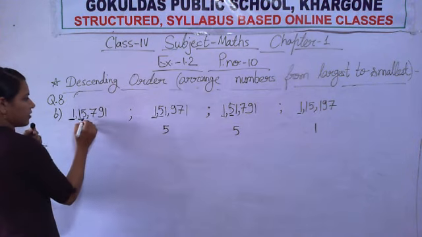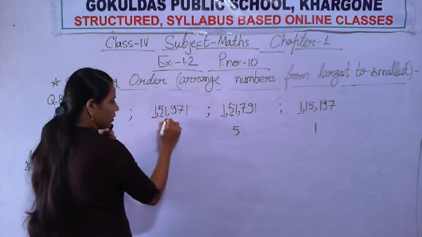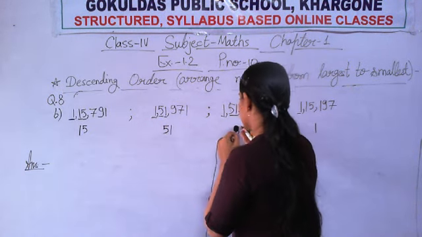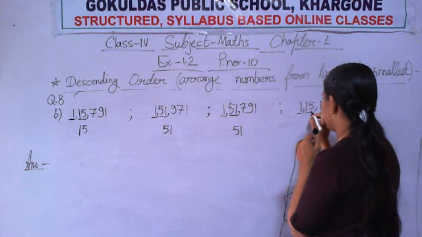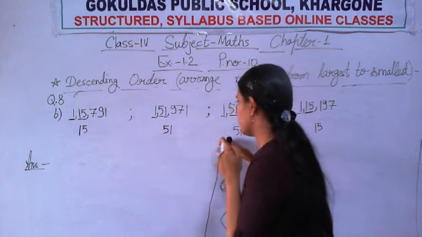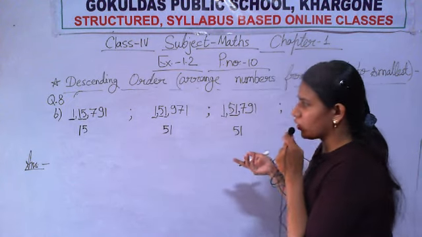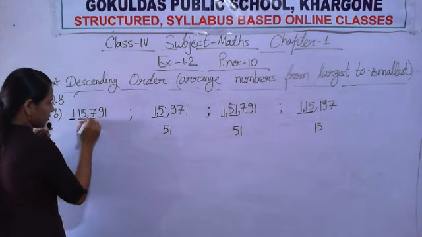So let's check the next digit. Here 5 is there, here 1, here the next digit is 1, here the next digit is 5. Now again you have two 1s and two 5s. You cannot conclude which one is the largest. So let us write the next digit also.